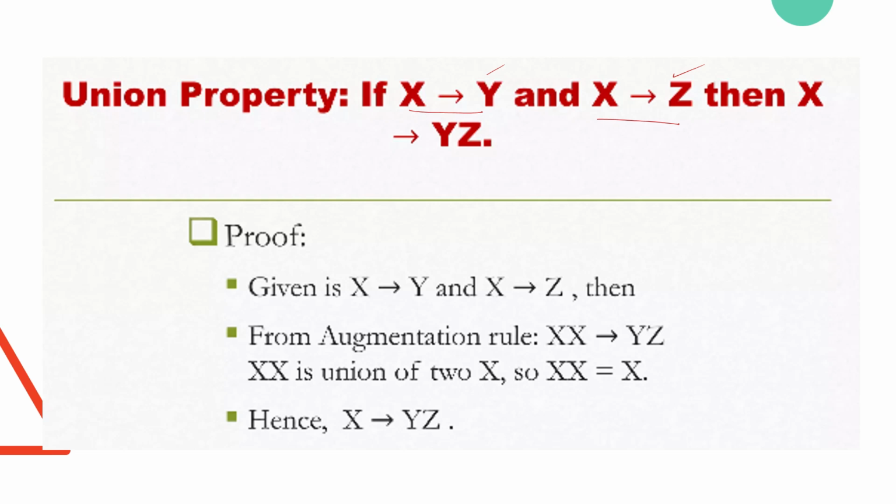So here the proof is X determines Y and X determines Z. From the augmentation rule I can combine this, and by union property I can combine this as X determines YZ. So that is the union property.